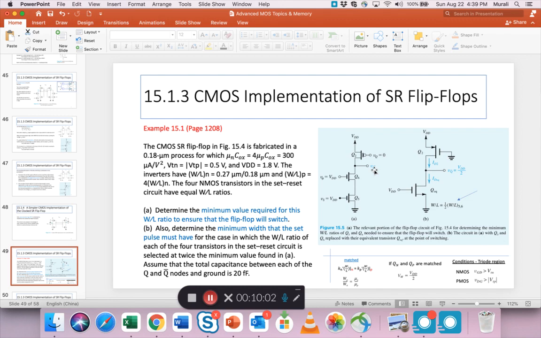Now it is going low, and at some point it will hit VQ bar equals VDD by 2. That is the point of the switching, right, where it happens. So what W by L value for this equivalent will make it definitely switch?